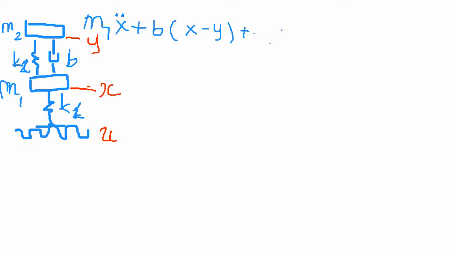Actually, I wrote it correctly. I'm going to write it again. K2 times x minus y, free body diagram. Then we haven't put dots on these. Let's put dots on these too.